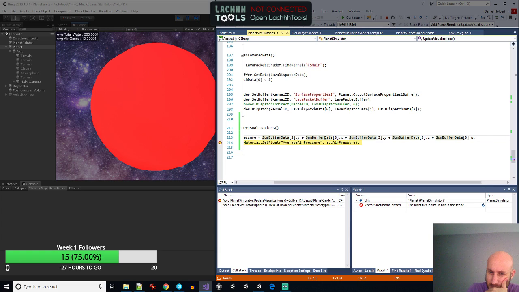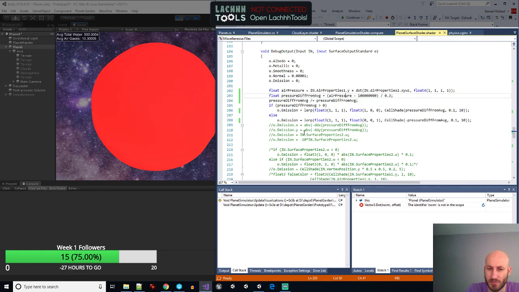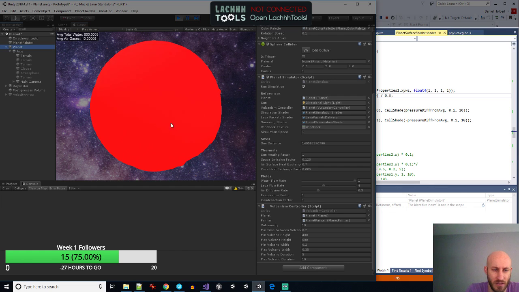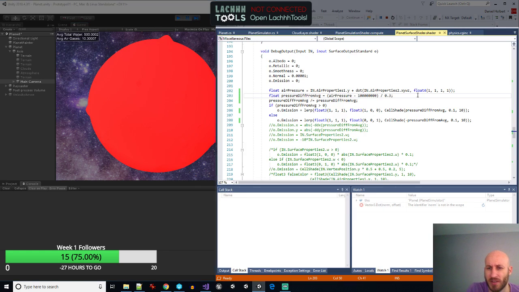Okay, that seems okay. Let me look at individual air pressure values. They're kind of all over the board, but some of them are like 20 something, so I'm trying to figure out why that's red.